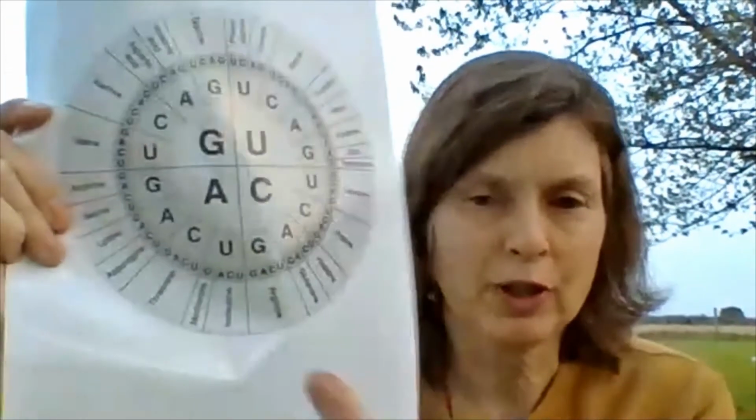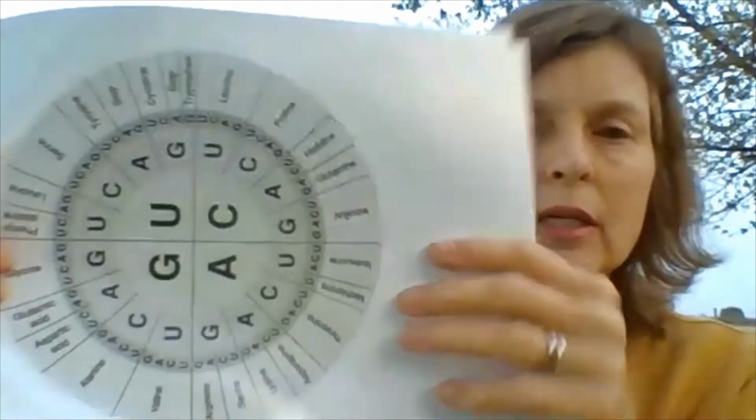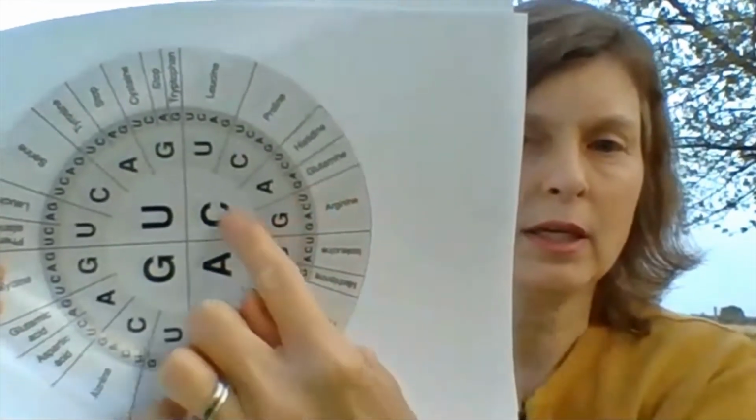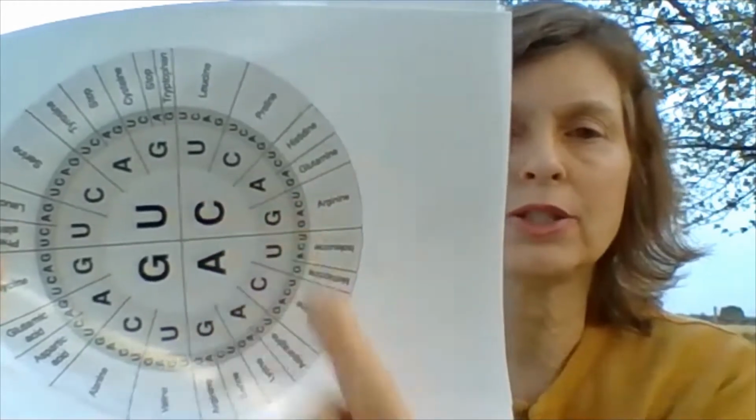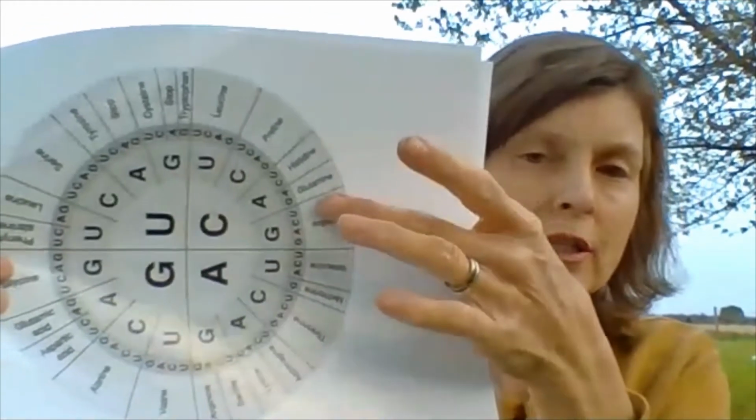So if you recall, this is arginine, and CGU, CGC, CGA, CGG, all of those code for the same amino acid.